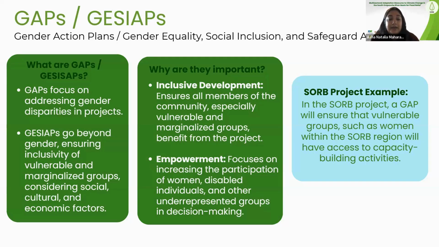So this might include, depending on a context, women, disabled individuals, and other underrepresented groups in decision making. And so in the SORB project, for example, our GAP, our Gender Action Plan, ensures that vulnerable groups, including women farmers in the SORB region, do have access to capacity building activities in everything we do.